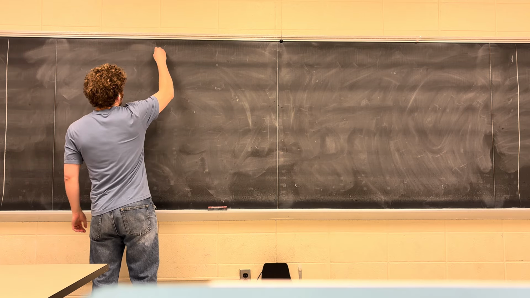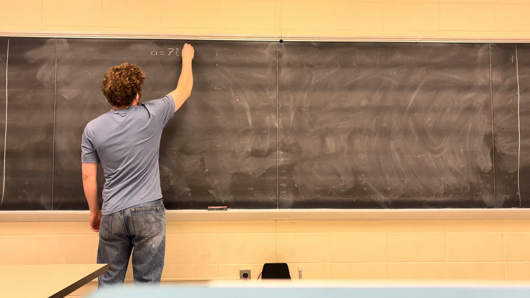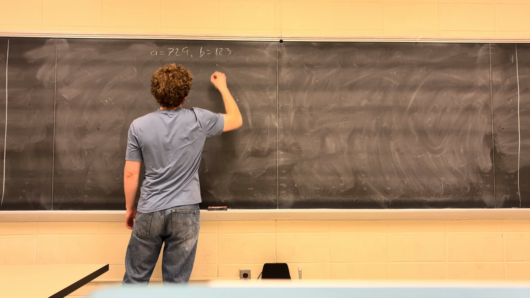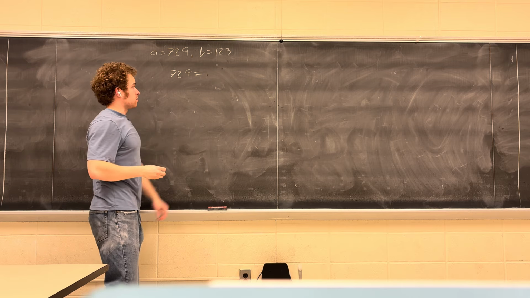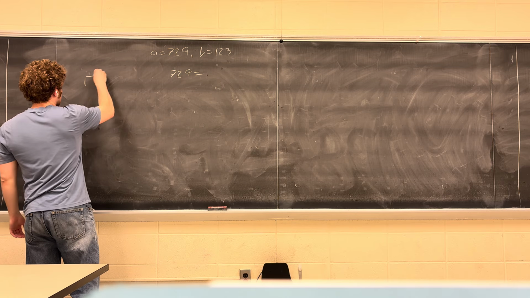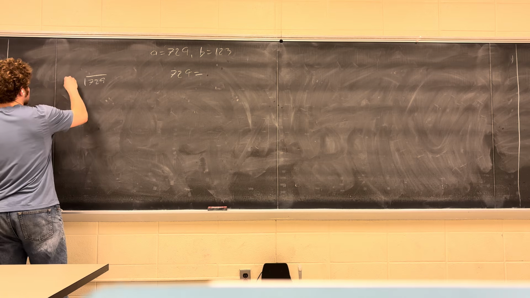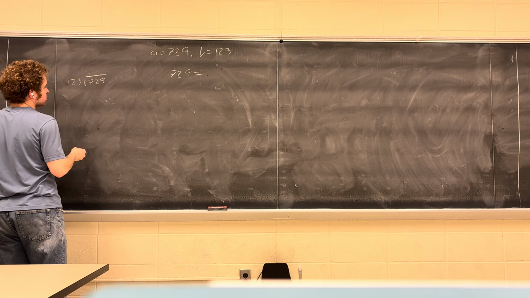So let's say I have A equals 729, B equals 123. Well, we want to write 729 equals something times 123 plus the remainder. So let's compute those. We're dividing 729 by 123.